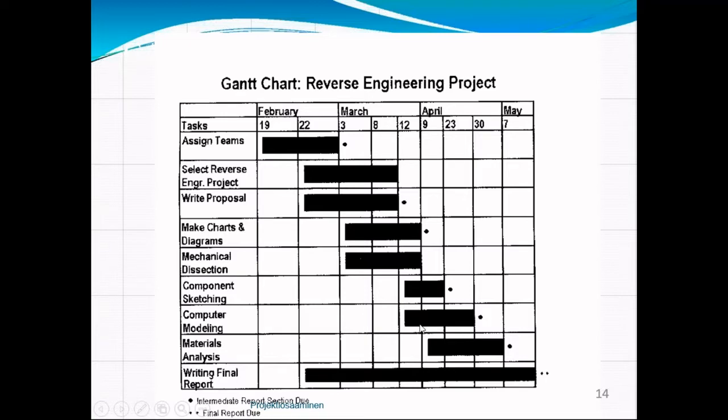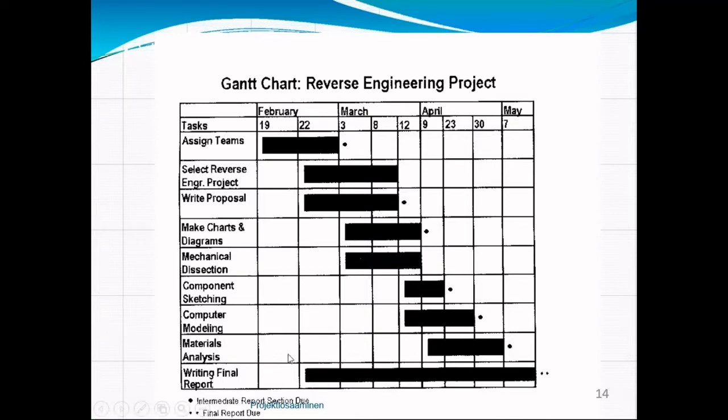Then computer modeling, or doing the project in software, was done from the end of March to April 23, and material analysis was done from the start of April through the whole month of April.